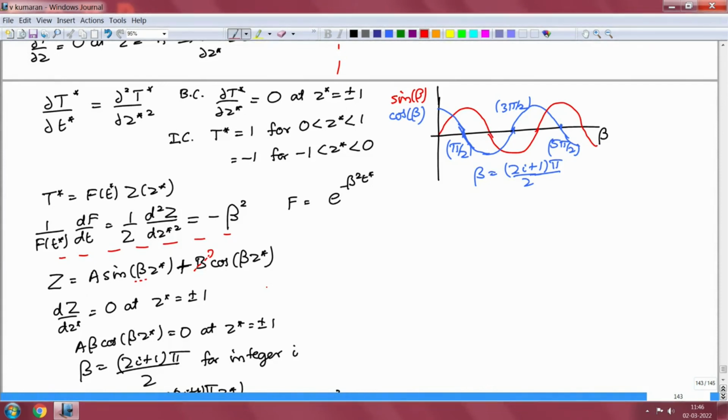Substitute in the equation, divide by f times Z. Both sides have to be equal to constants, because the left is only a function of time and the right is only a function of z. Constant has to be negative so that it decreases exponentially.